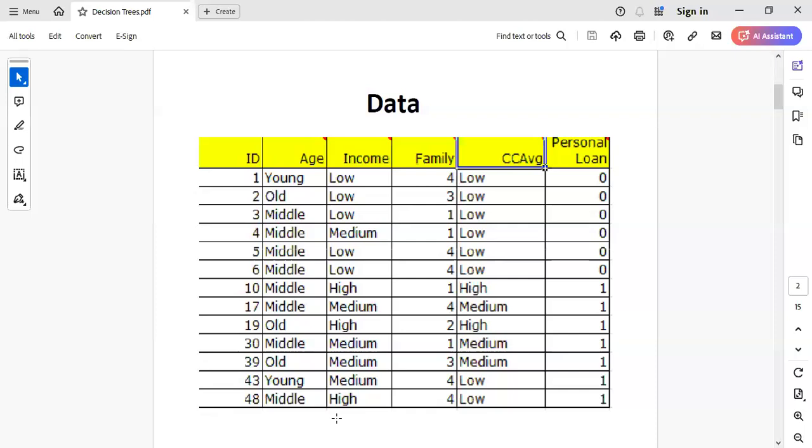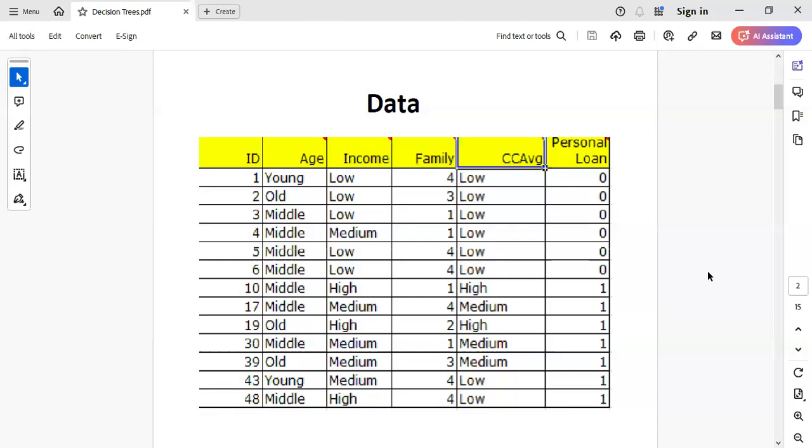So even if we get the same attribute, there is no need to think that the data might be the same, because in the first one we have only records which are coming into middle.